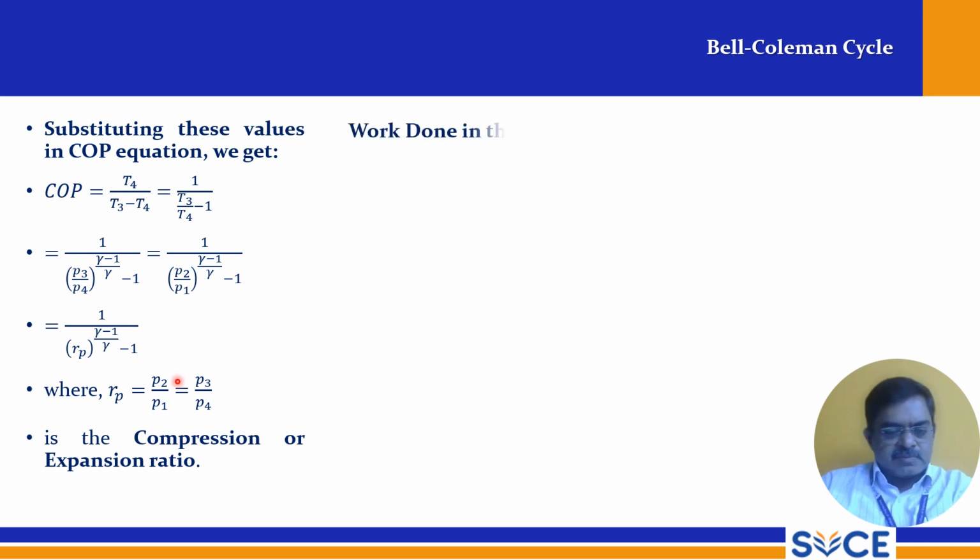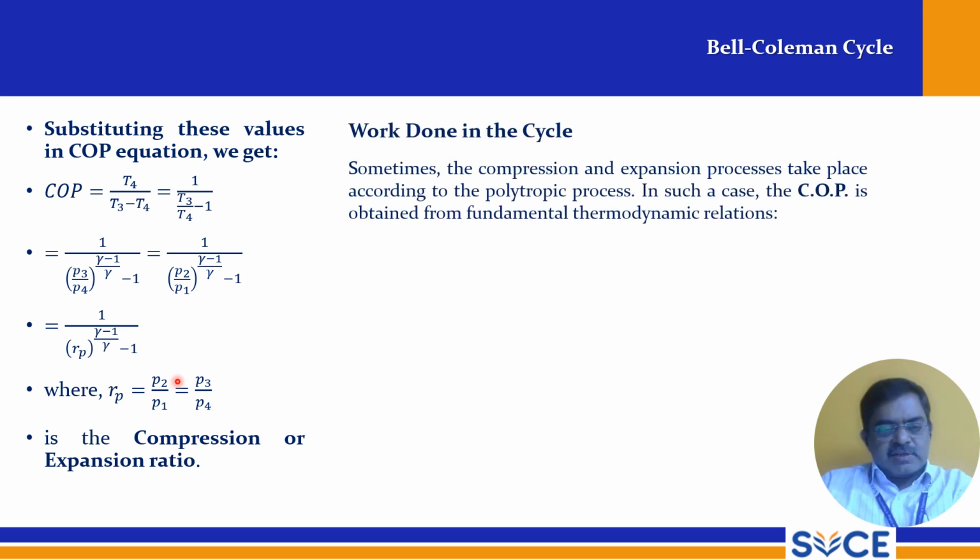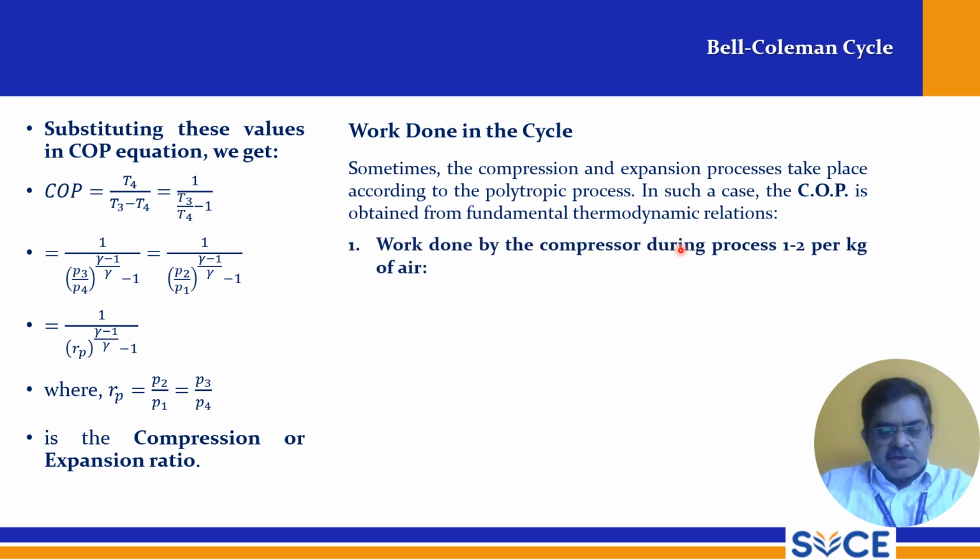Please remember this. Now, work done in the cycle: sometimes the compression and expansion processes take place according to a polytropic process. In such a case, the COP is obtained from fundamental thermodynamic relations.